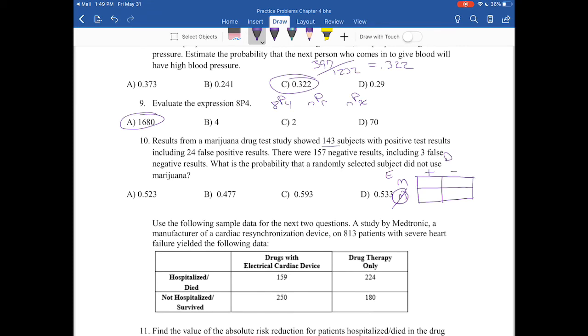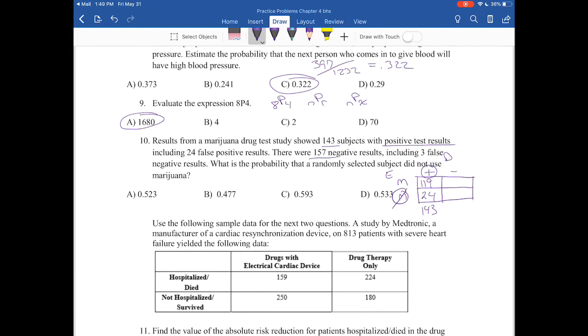So there were 143 subjects with positive test results. So here we have positive test results. There's going to be 143 subjects, and 24 of them had false positive results, meaning that they tested positive even though they didn't do marijuana. So the 143 is our total test results. 24 will go in the individuals who had a false positive rate, and that gives us 119 who did marijuana who tested positive.